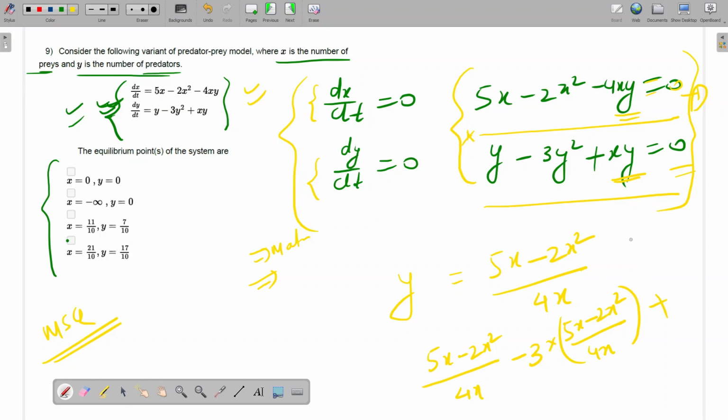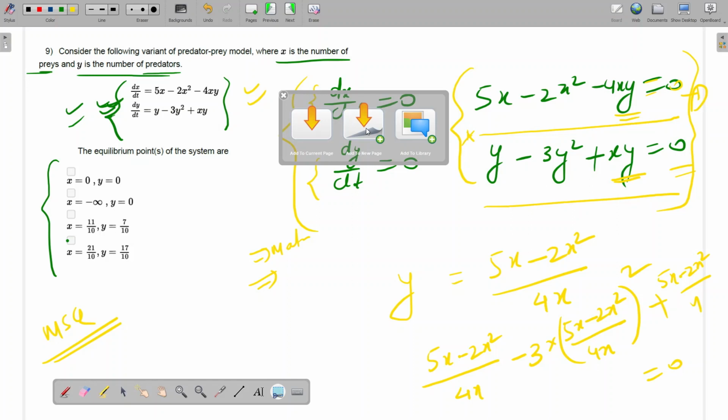Okay, so x will cancel. So 5x minus 2x square by 4 equal to 0. Is it clear? Yes, sir. So here it will be a square. We'll see, it will come as, I think, an x to the power 4 equation. I think it is possible to solve. One second.